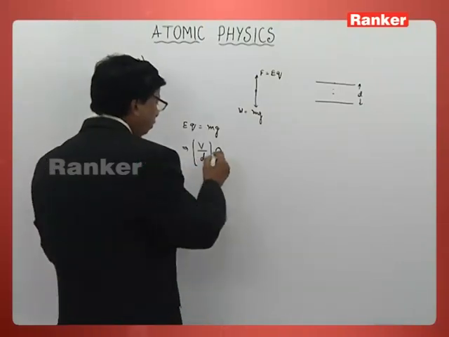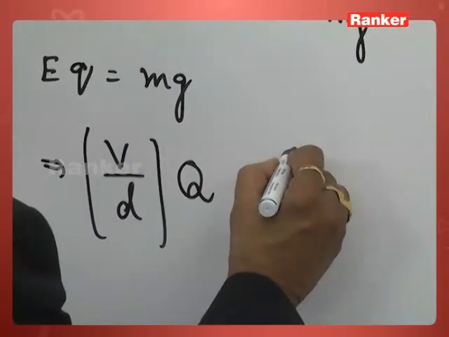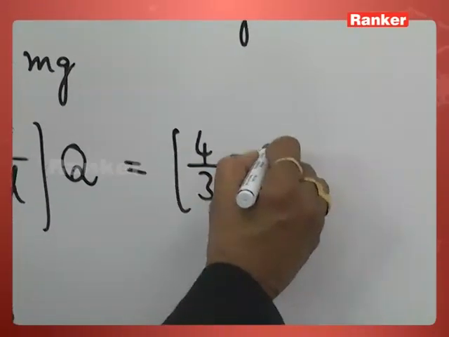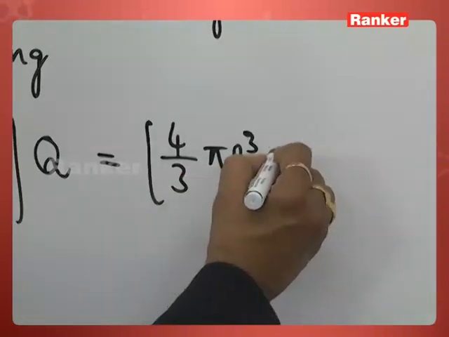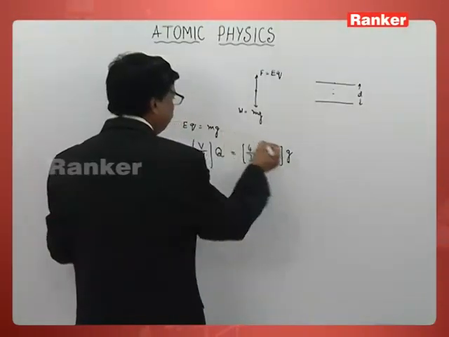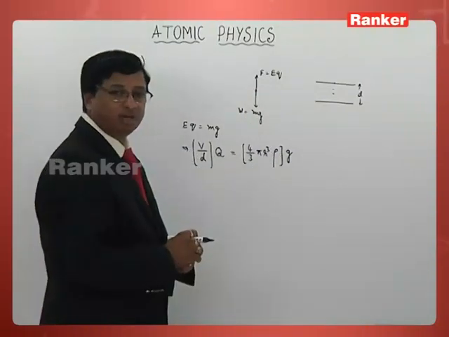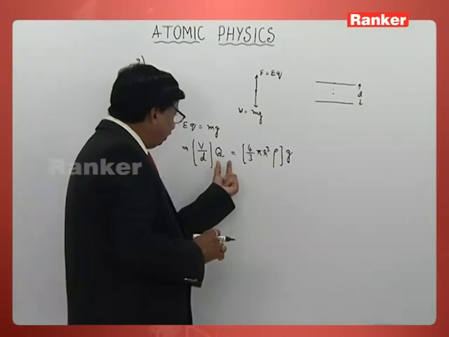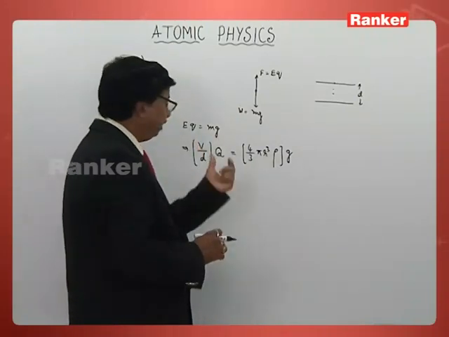That capital Q is equal to M, means I can write 4 by 3 pi r cube, that is volume, into rho, that is density, into acceleration due to gravity, as usual I have taken. So EQ is equal to mg, the formula.